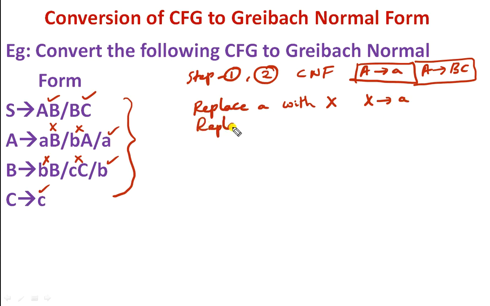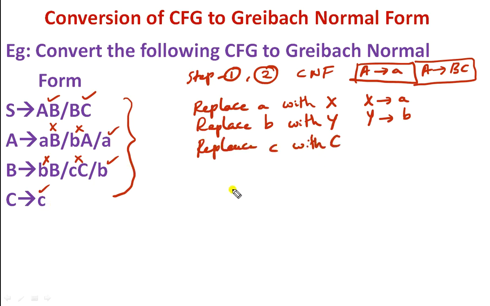Similarly, replace small b with capital Y, where Y generates b. So we need not replace small c because there is already one production rule such that C generates c. Just replace small c with capital C, as there is already one production rule such that capital C generates small c.